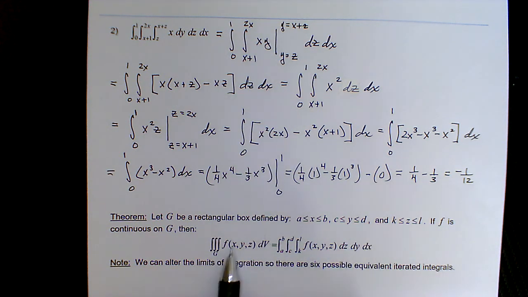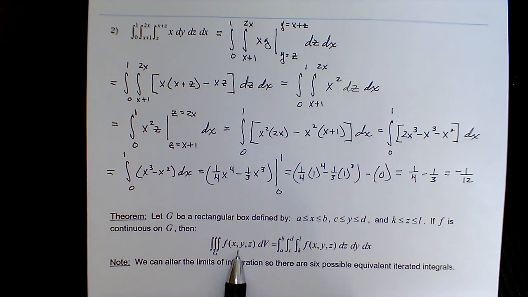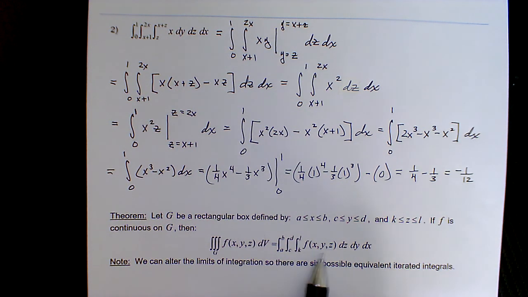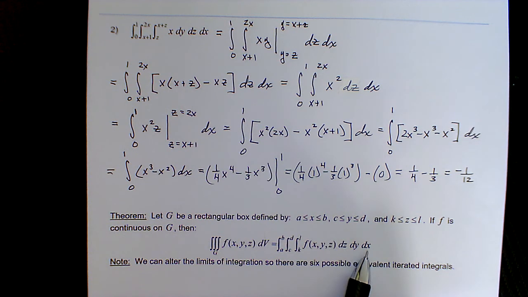In any event, if you're going to take the triple integral over this region G of a function of x, y, and z with respect to v, the volume, three-dimensional, then it's just going to be the limits of integration. Okay, you want to set up the dz, dy, dx, or any order that you want, really.